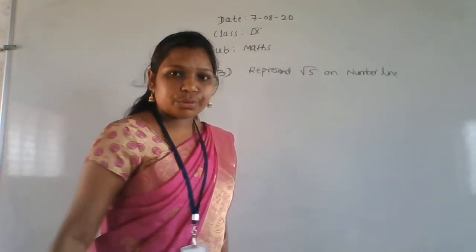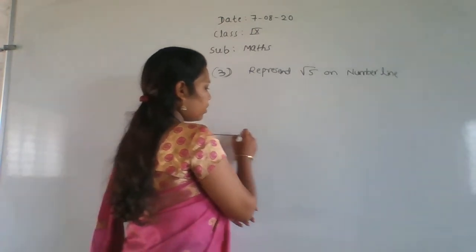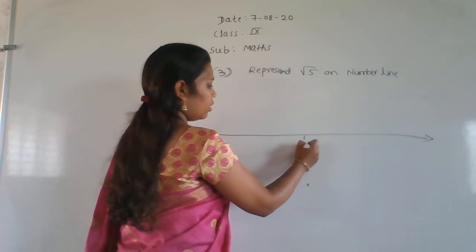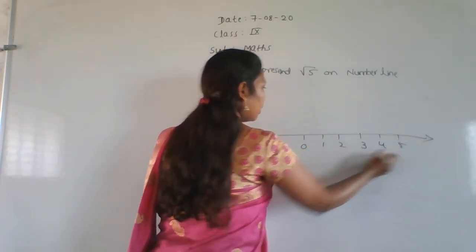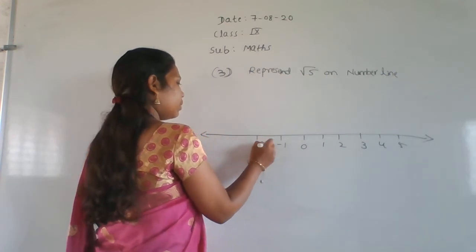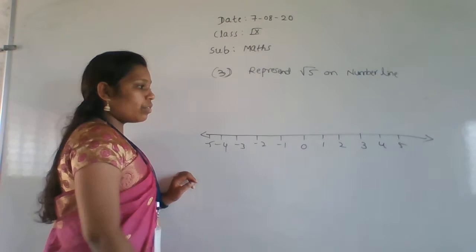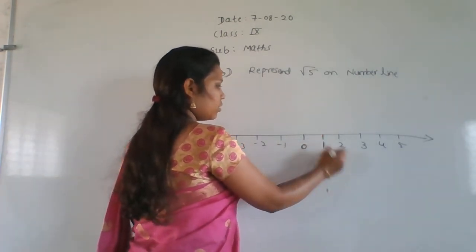We studied the root 2 as well as the root 3. Now we will study the root 5. First draw the number line here. That is 0, 1, 2, 3, 4, 5. And here minus 1, minus 2, minus 3, minus 4. Okay. So this is the 0 and here is 1.